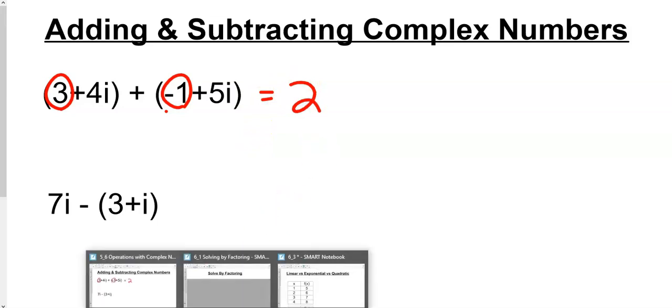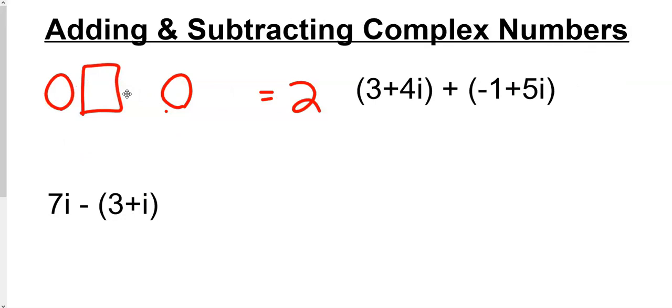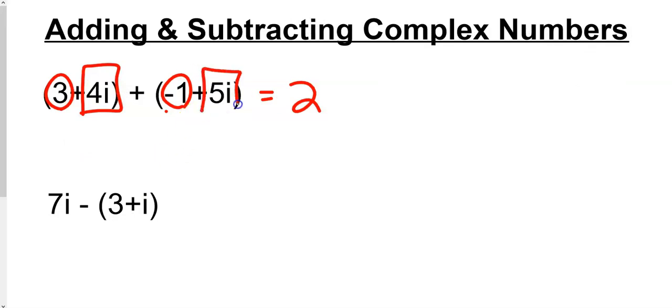That's 2. And then the 4i and the 5i get together. And 4 plus 5 is 9i. And so you can see the real part, which is 2, and the imaginary part, which is the 9i. So there you go, 2 plus 9i.